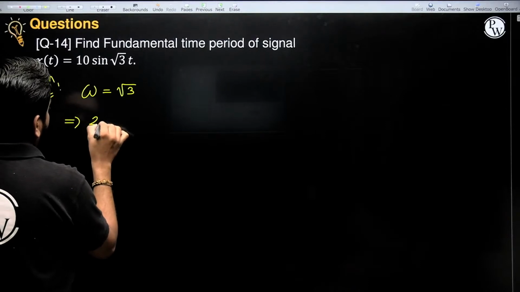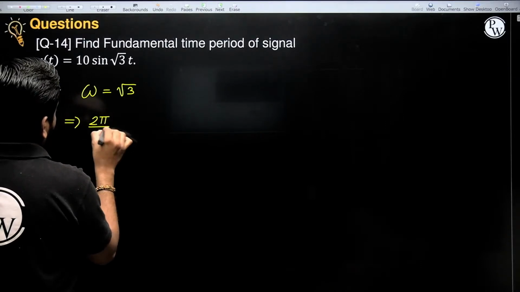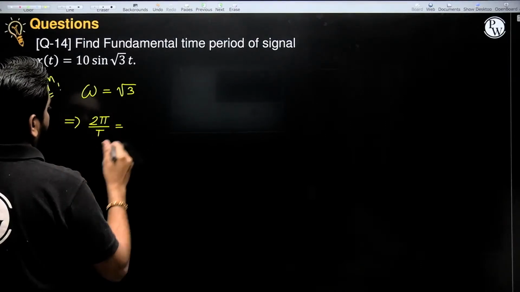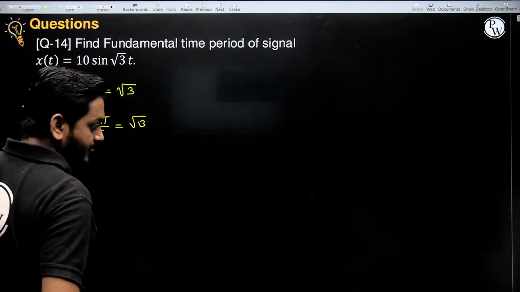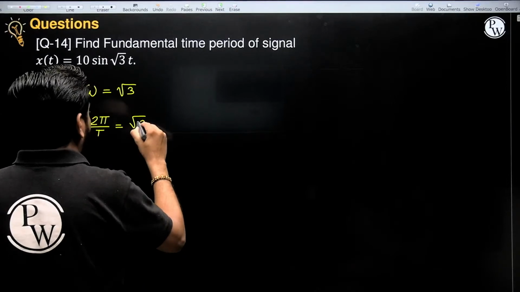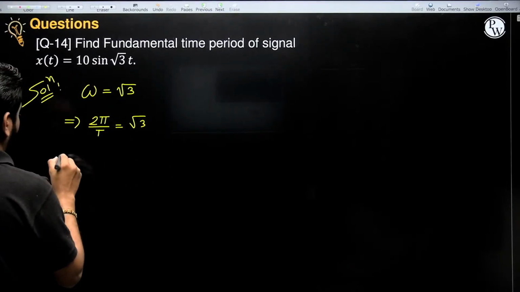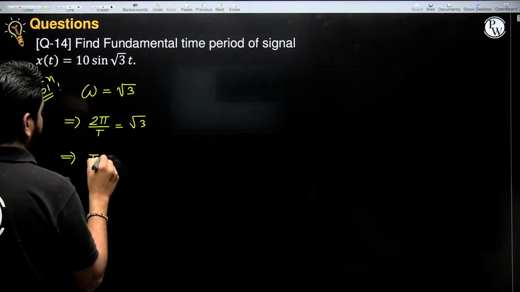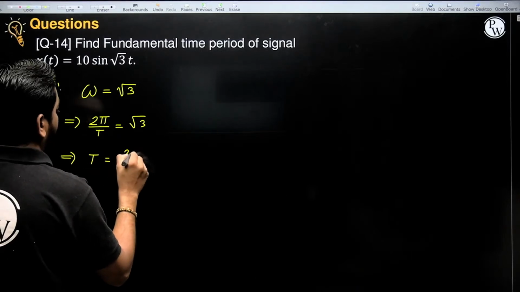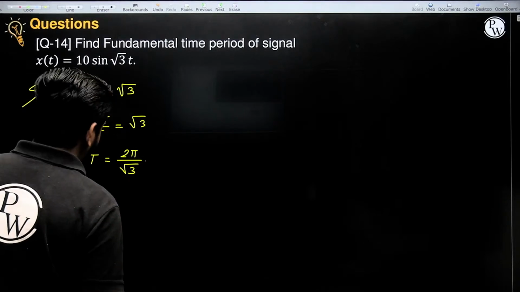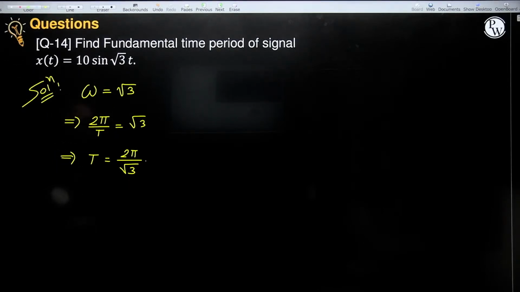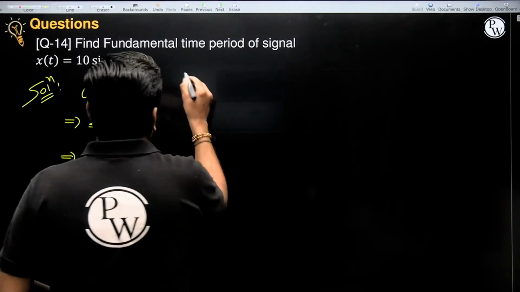Here, 2 pi by capital T is equal to root 3, so capital T is equal to 2 pi by root 3, our fundamental time period. Now again we want to check whether this fundamental time period is right or wrong.